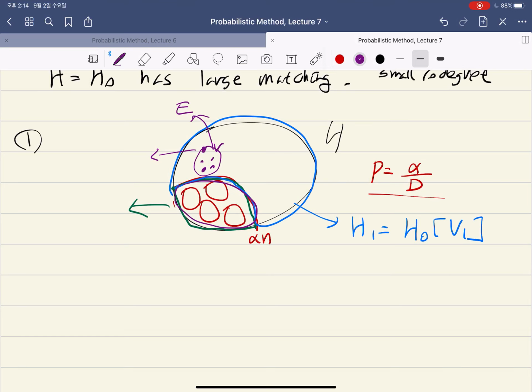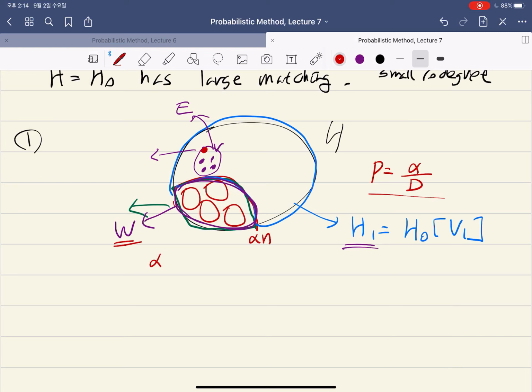So this edge is still inside H1 means that each vertex was not included in W. Because these edges are randomly chosen with probability p, W has size alpha n, so each vertex is chosen to be in W with roughly probability alpha.